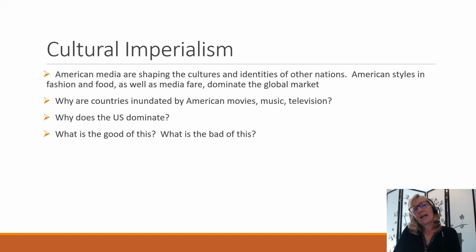Now, it's important to ask, why are countries inundated by American movies, American TV shows, American music? Why don't countries just make it themselves? Well, making media content is expensive, and one has to have the infrastructure to create the content. One has to have funding and financing, and one has to be able to take some level of risk in creating content.